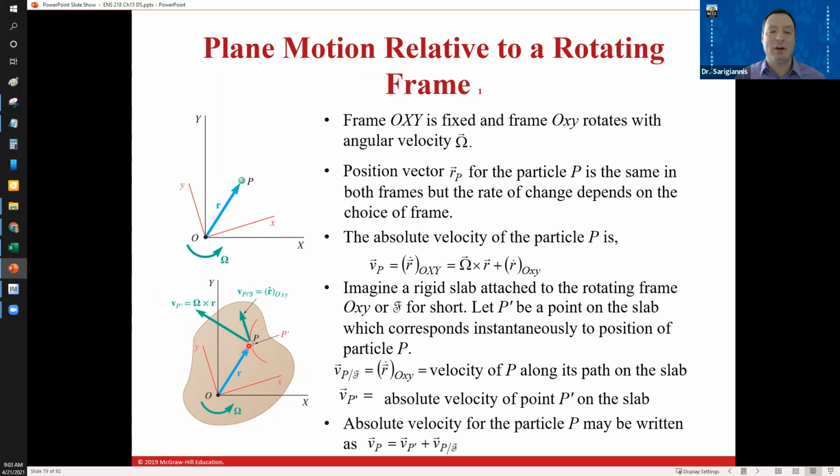And then you have a velocity of P with respect to the frame of reference Oxy, the little x and y. This is where it got complicated. It's moving with respect to that coordinate system, so that's this term V of P. The velocity of P is a function of both of those vectors.